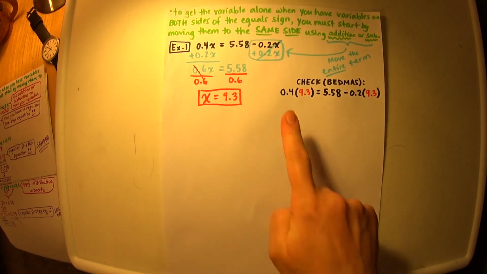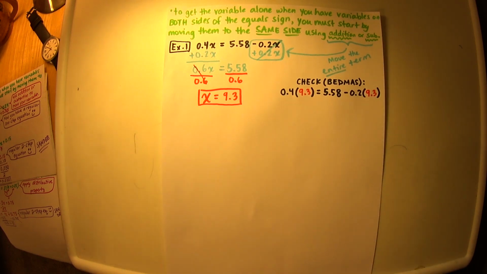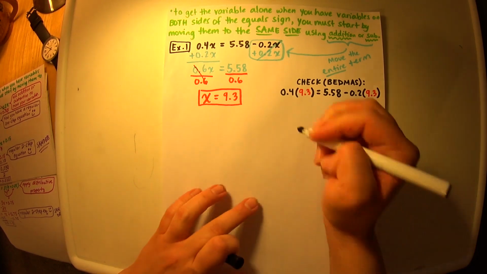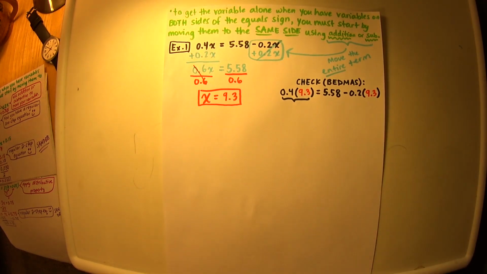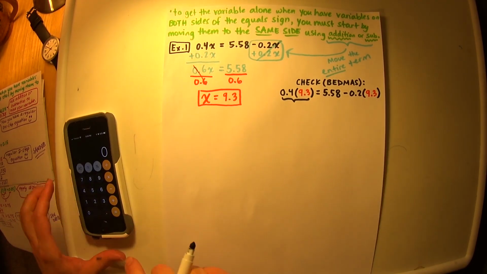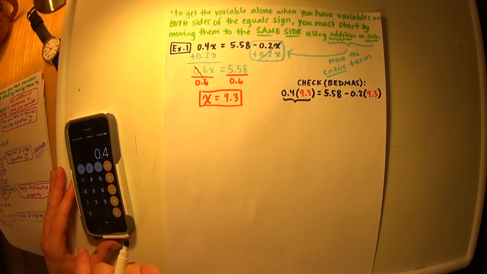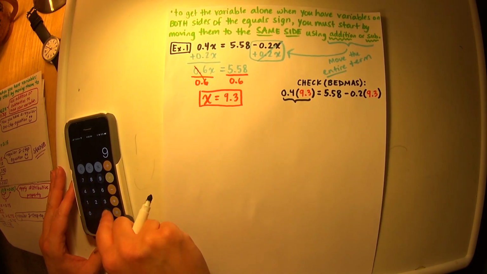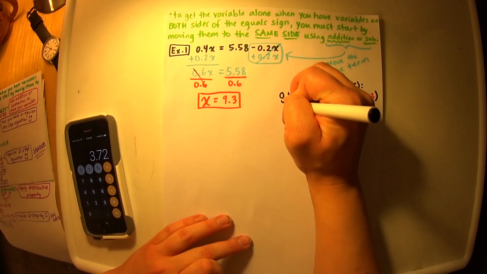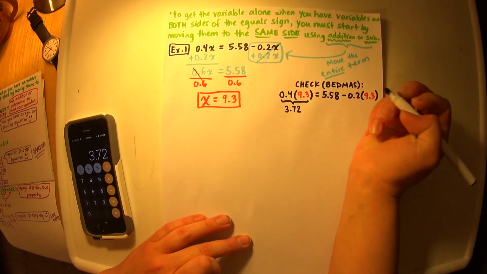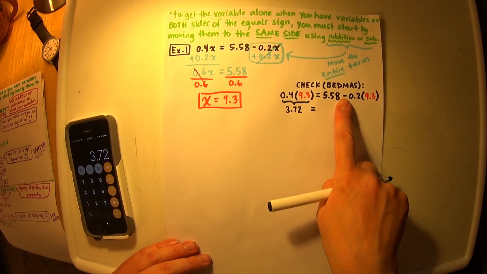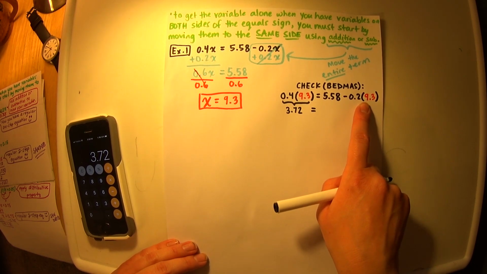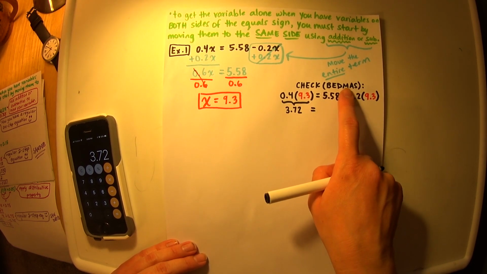Now I'm going to solve to see if both sides of my equation come out to the same number. On the left side of the equal sign, all I have is multiplication. So I'm just going to go ahead and times that out. 0.4 times 9.3 equals 3.72. On the right side of the equal sign, I've got subtraction and I've got multiplication. According to regular order of operations, what comes first?